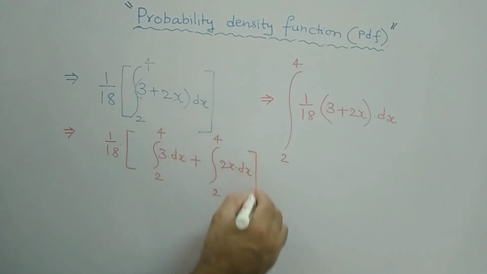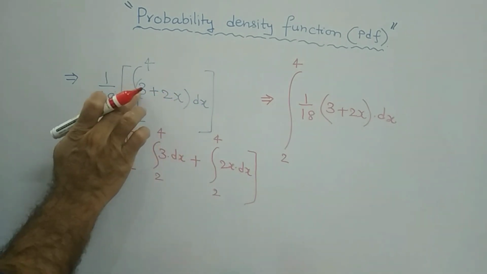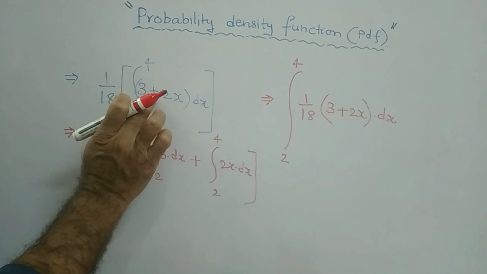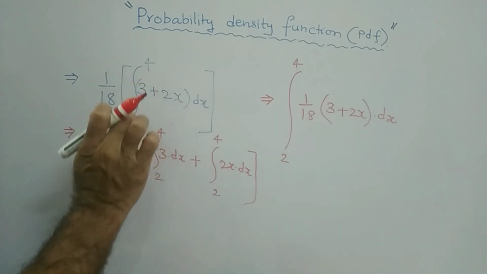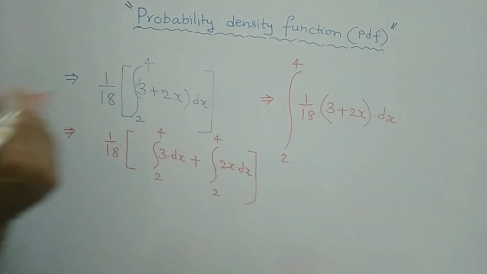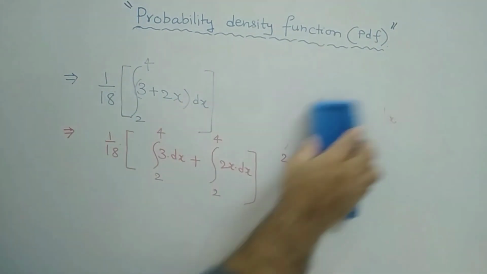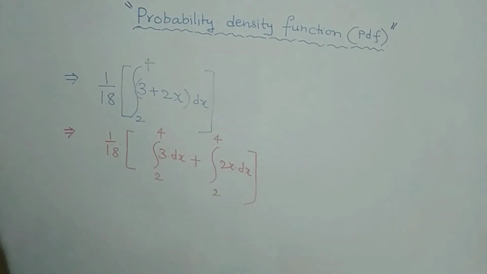I can write it like this, no? Because there are two terms, 3 plus 2x. Therefore, the integral of 3 dx I am writing separately, plus the integral 2 to 4 of 2x dx separately. There is nothing wrong in that. And after that, if you evaluate the integrations individually, what will you get?